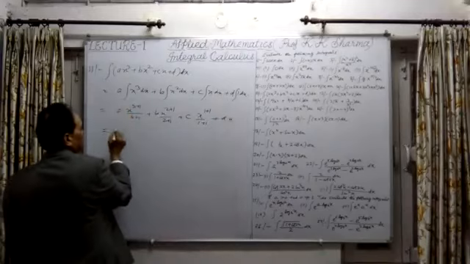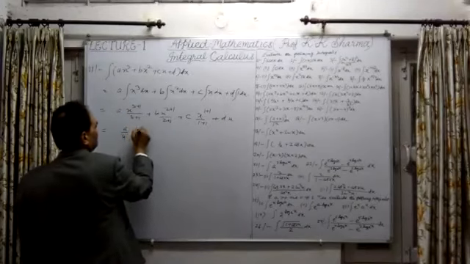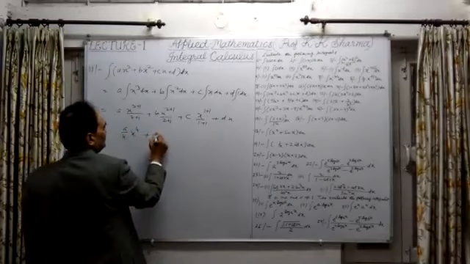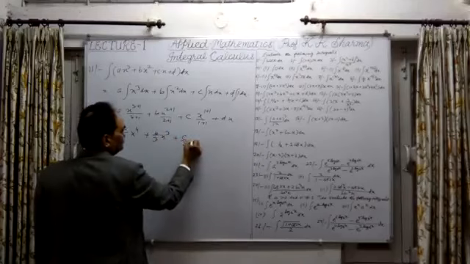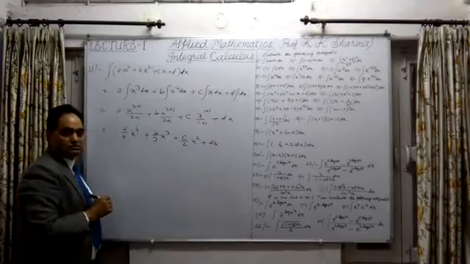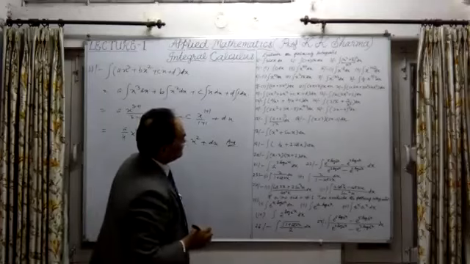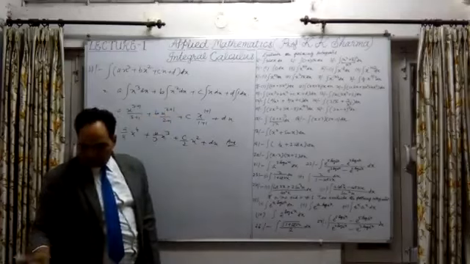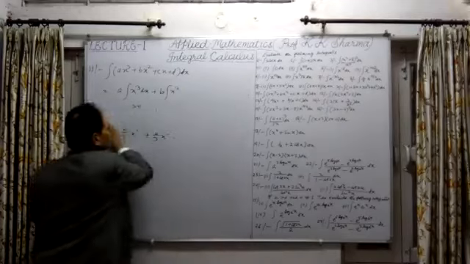Let me further write it as a upon 4 into x raised to power 4, plus b upon 3 x power 3, plus c upon 2 into x raised to power 2, plus d into x. This is the answer of question number 11. Question 11 is solved.